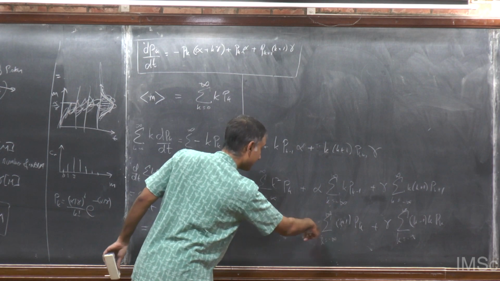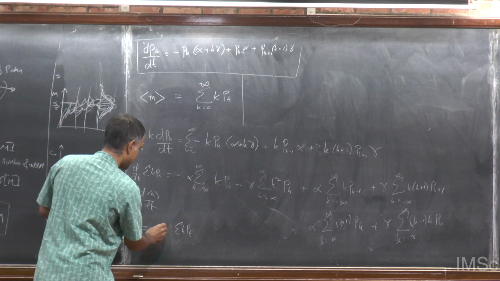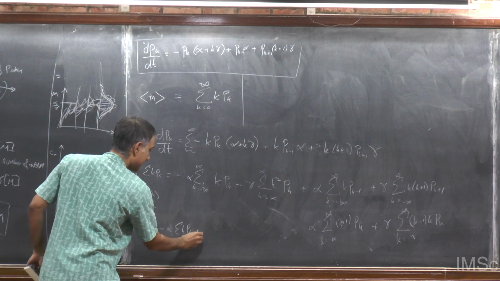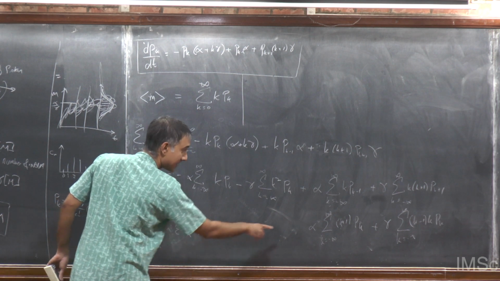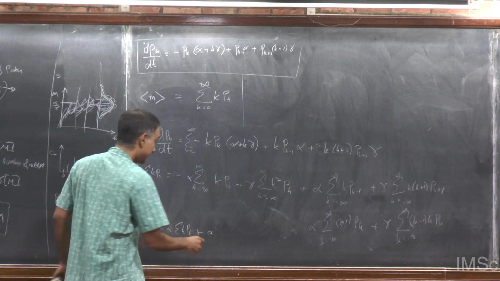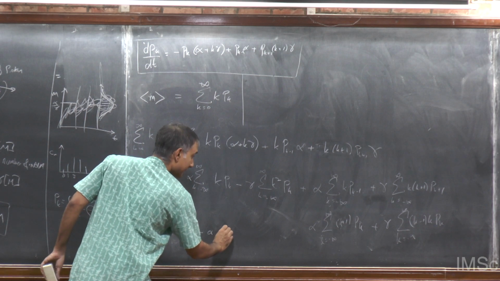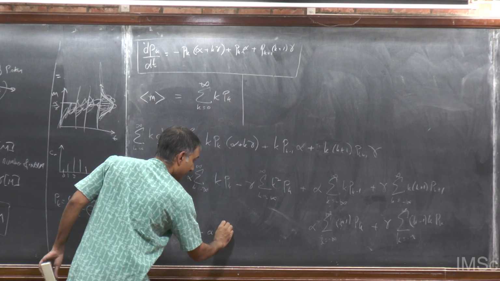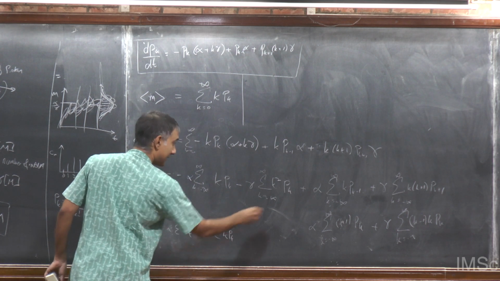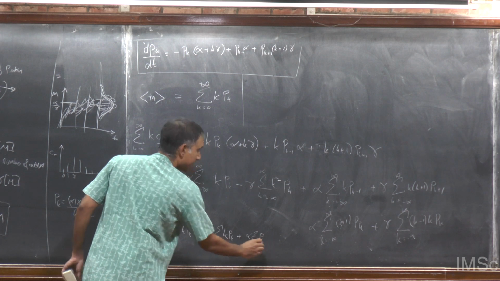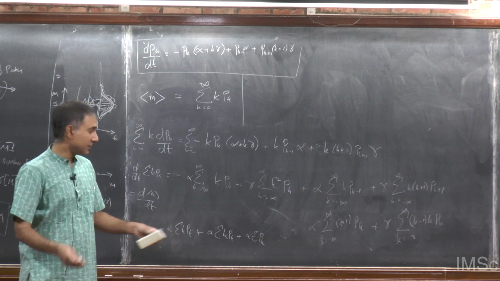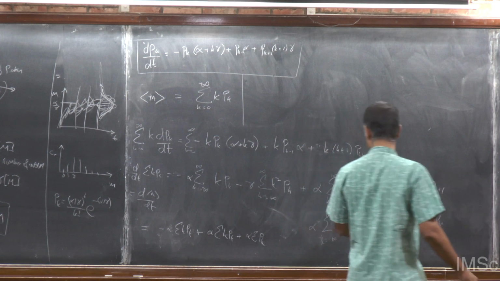And then there's an alpha here, so this minus alpha times this, plus there's an alpha term here, alpha times this is k plus 1 pk, right? So the first term of that will be sum of k pk, and the second term of that will be sum of pk. I've just split the alpha plus 1. Okay, that's this guy.